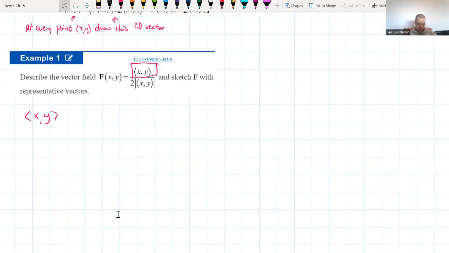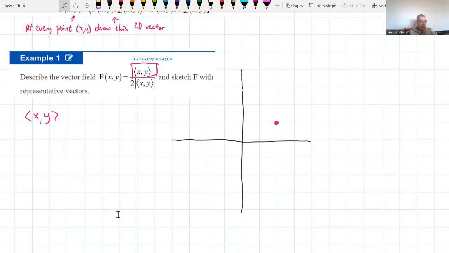Oh, and I put these grid lines on the background, so hopefully I can make straight lines as I sketch things. We'll see if that works. Cool. So if we're at a point xy, let's pick, I don't know, 2, 1. Let's say we're at the point 2, 1, and we want to draw a vector.